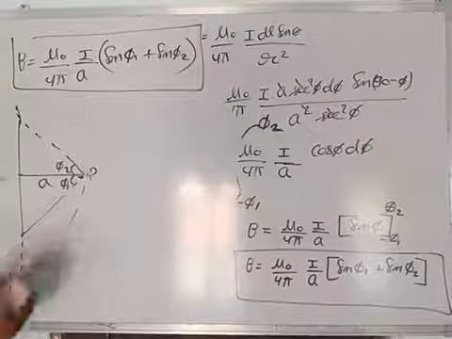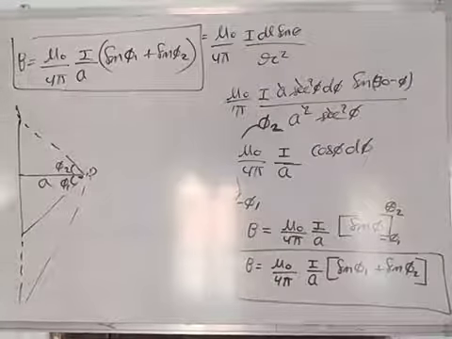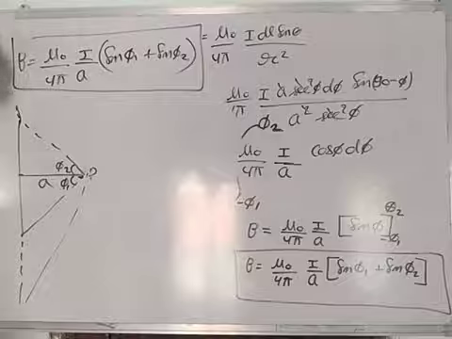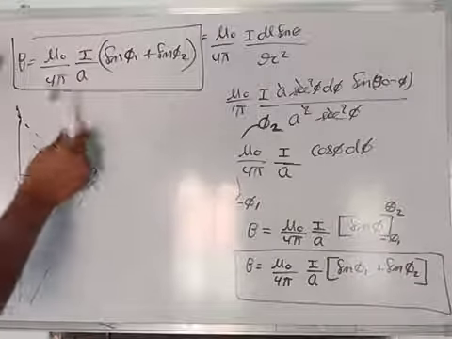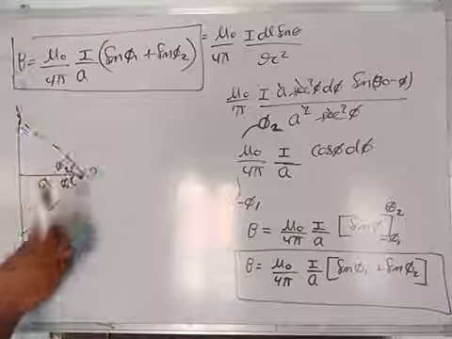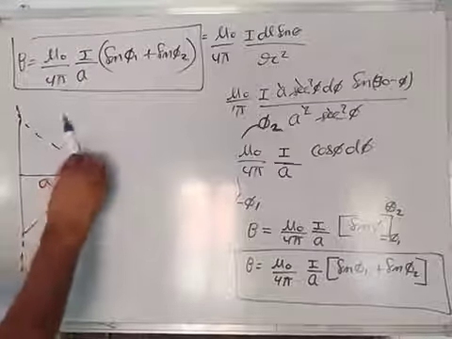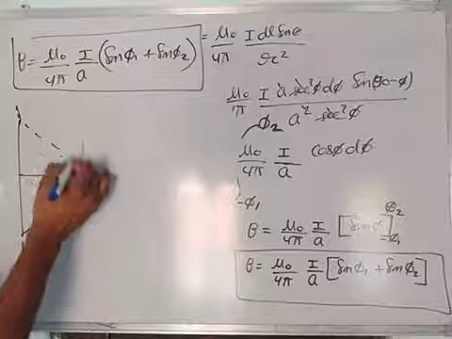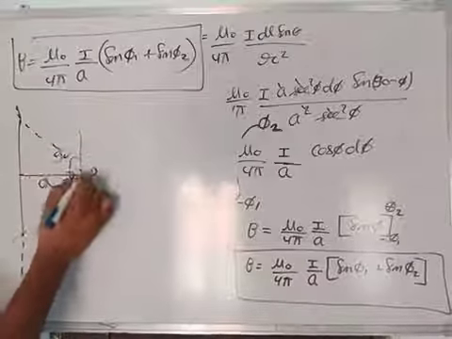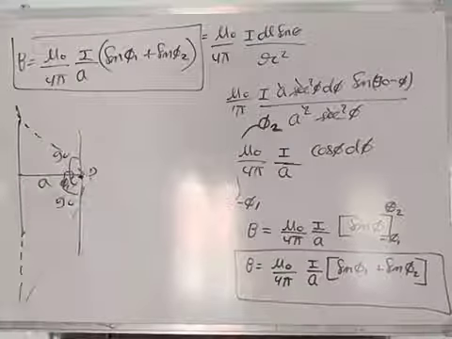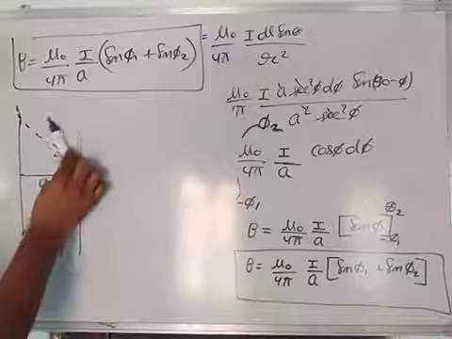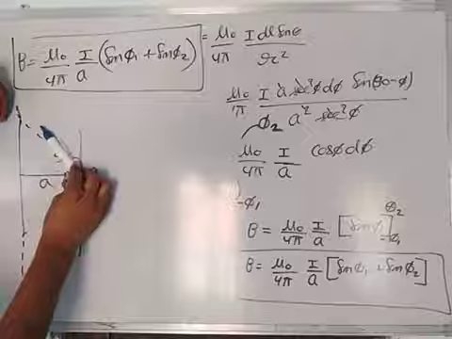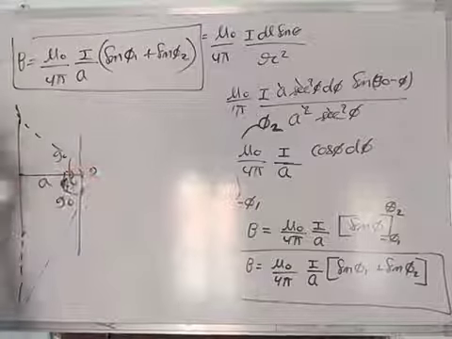You can see, as we increase the length in both directions, upward and downward, the angles φ₁ and φ₂ both increase. For infinite length, φ₂ will become 90 degrees and φ₁ will also become 90 degrees, because with increase in length the angle increases, and for infinite length it approximately becomes 90 degrees.